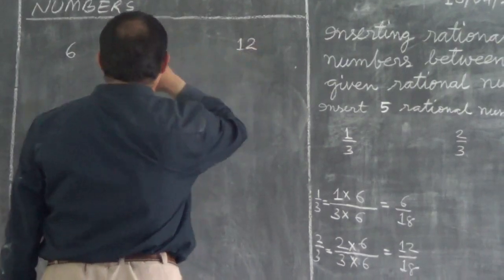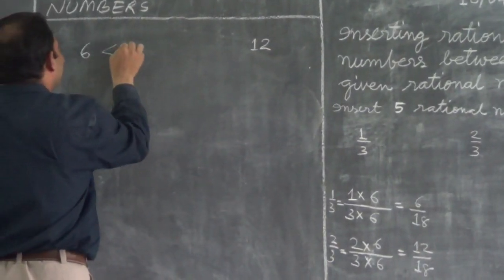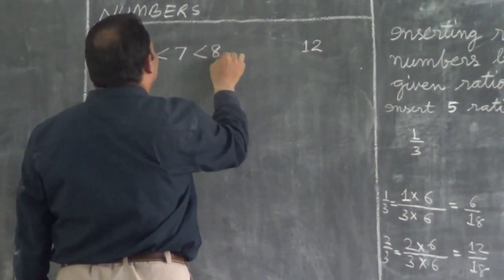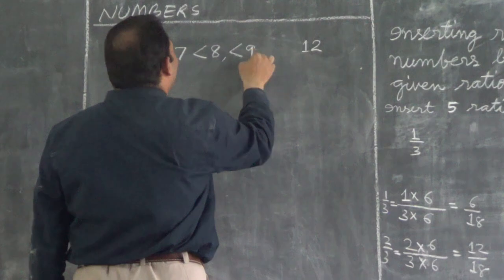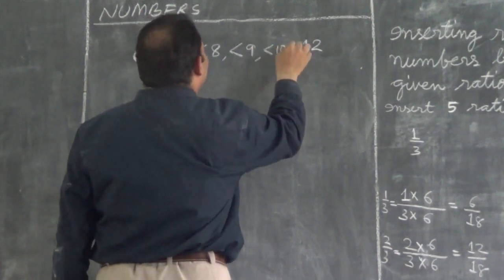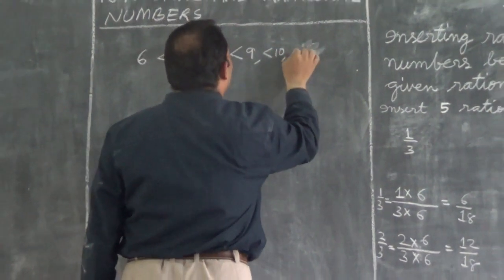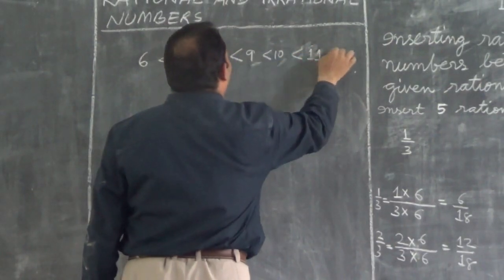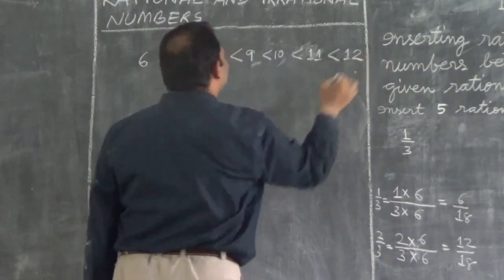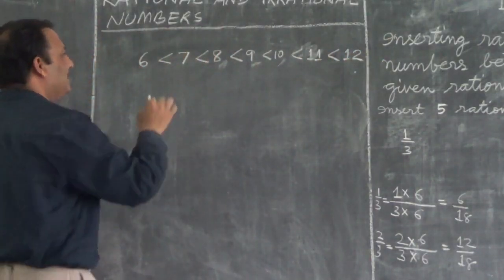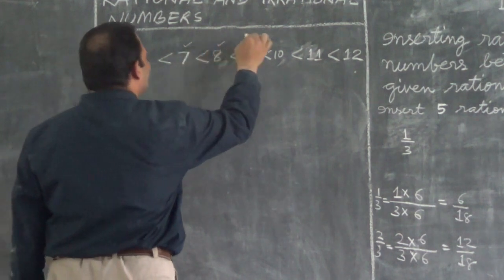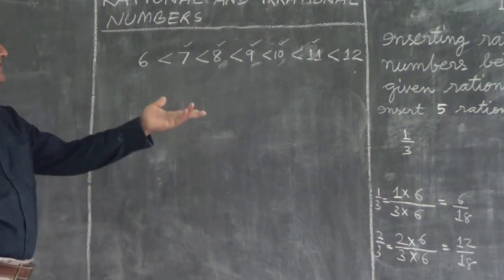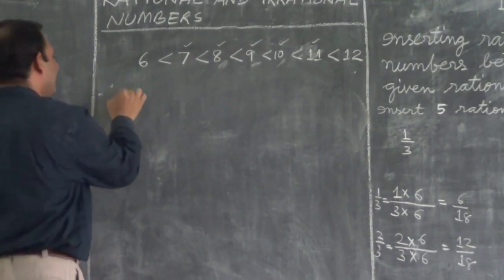And I can write here 6 is less than 7, 7 is less than 8, 8 is less than 9, 9 is less than 10, 10 is less than 11, and 11 less than 12. How many did I get, you see? 1, 2, 3, 4, 5. I want to insert 5 rational numbers, so I can write here.